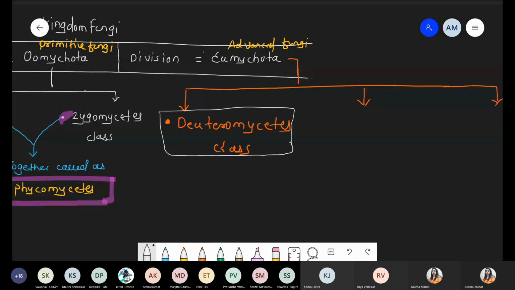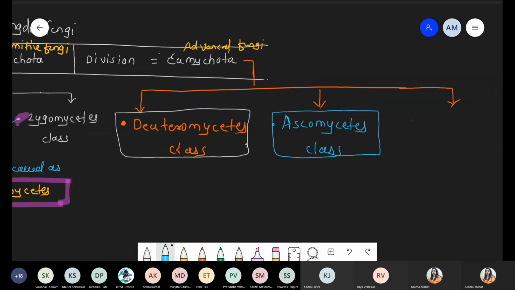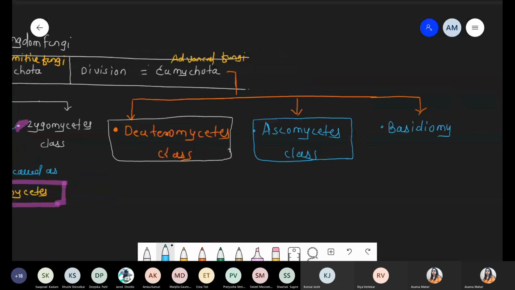Another one, Ascomycetes class. These are the second one in advance. And finally, the most advanced mushroom category, that is Basidiomycetes class.